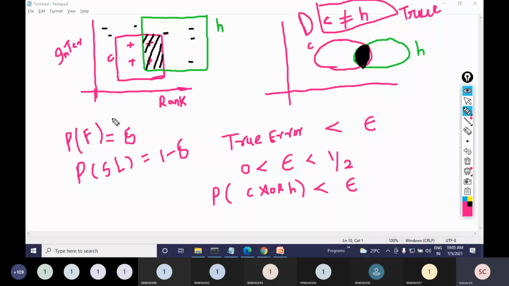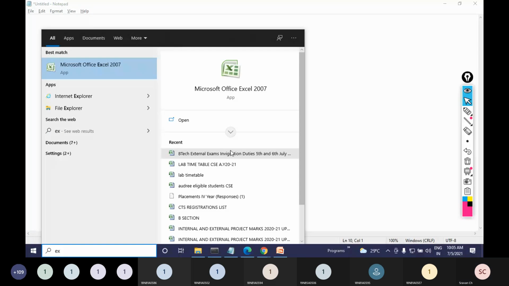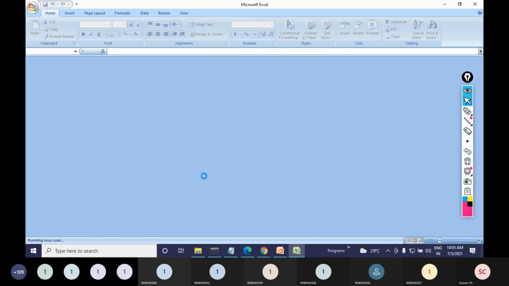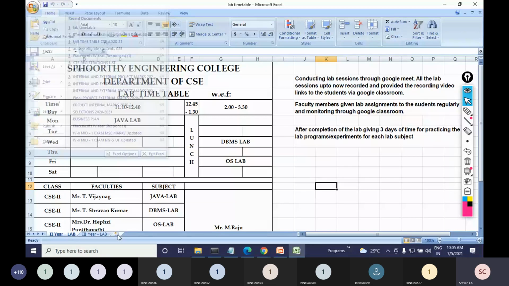Please observe this carefully. Let me erase this one, clear screen. Let us take an example. Friends, please observe here.